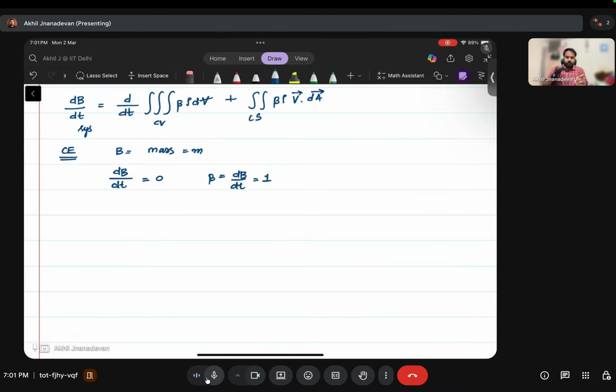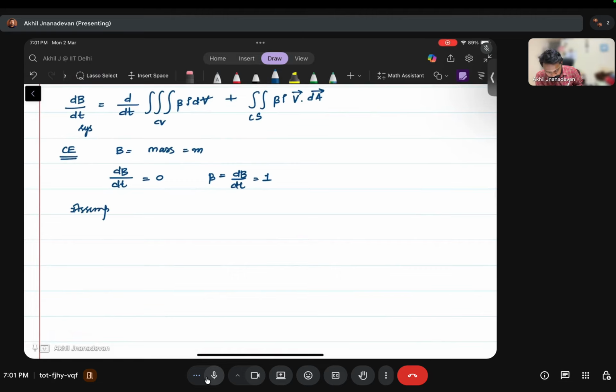The assumption that we make in the continuity equation, assumption 1, is that the flow is steady. What this means is that the precipitation occurs, the water gets ponded, and then it starts flowing, right? After enough time after the precipitation, this flow becomes steady.